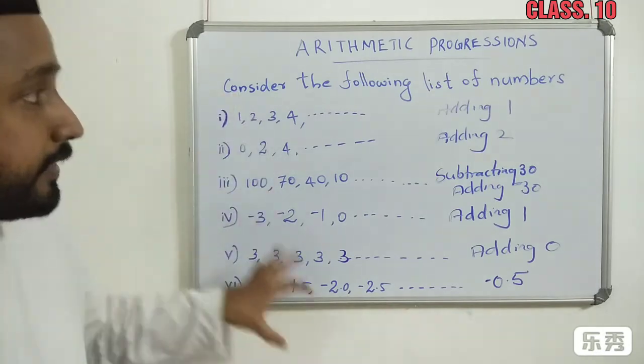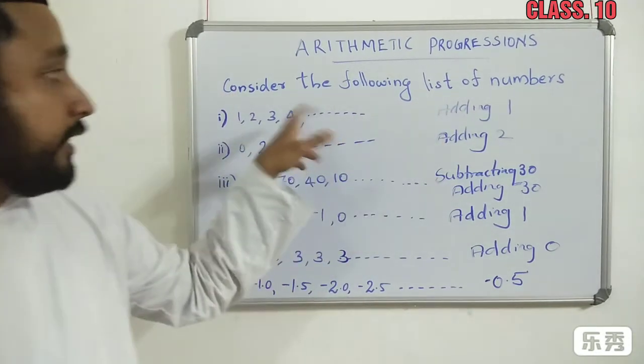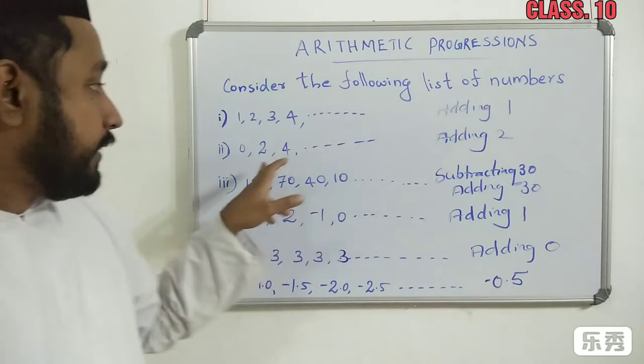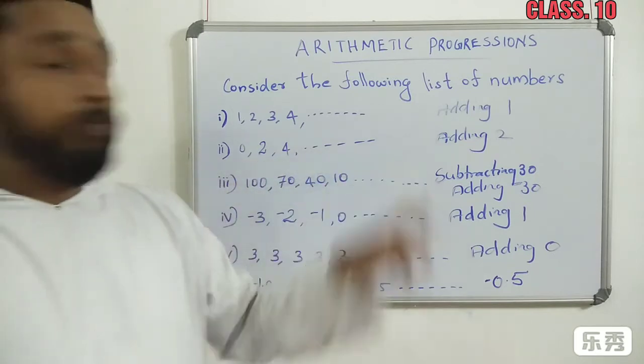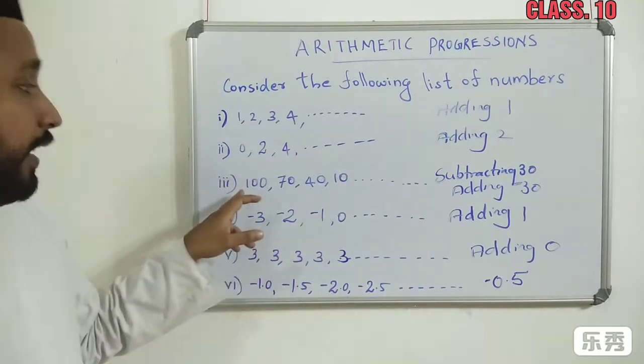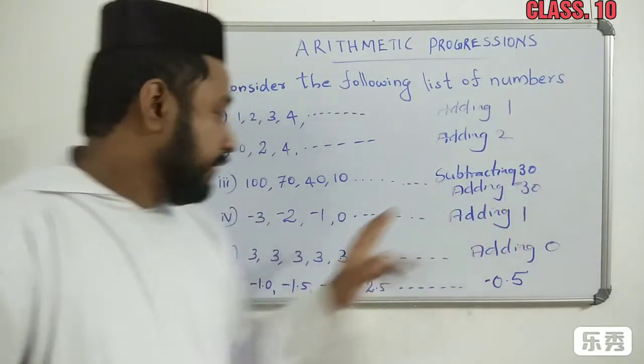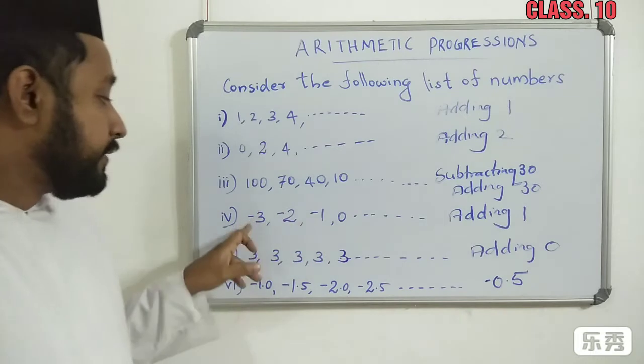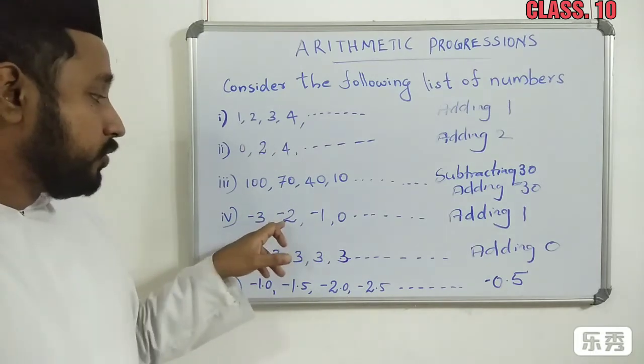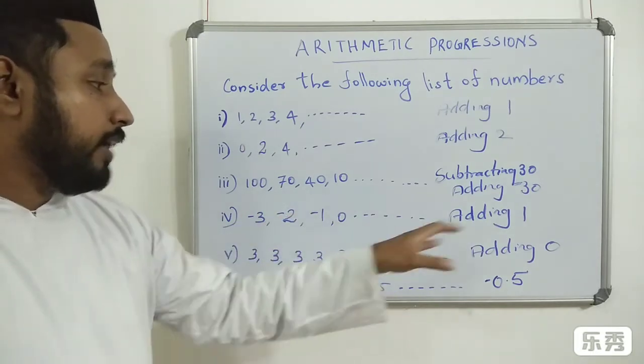So, in the first case, adding 1, we get the next term. Adding 2, in the second case, we get the list of even numbers. Here, subtracting 30, in other words, adding minus 30. Here, adding 1. Minus 3 plus 1 equals minus 2. Minus 2 plus 1 is minus 1, and so on.